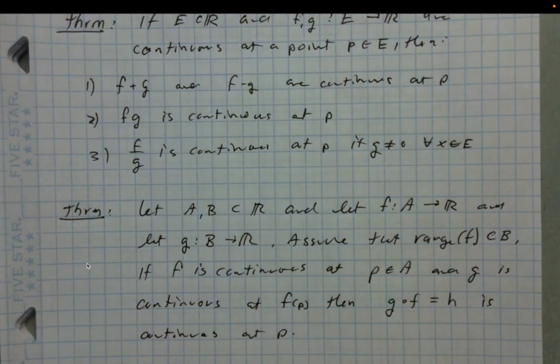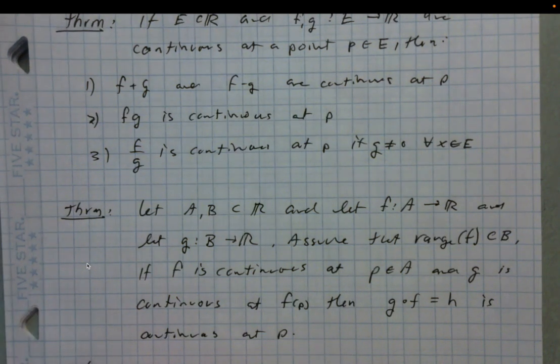So I've basically got a composition of functions. So if f and g are continuous, then g composed of f is continuous. Okay. And so let's prove this one, and we'll prove it using the epsilon delta kind of definition.